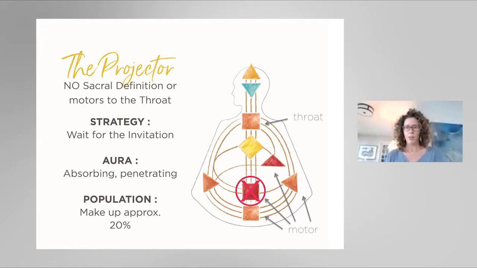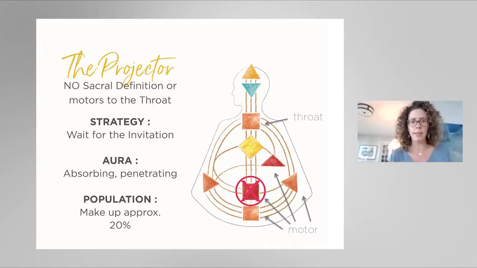So here we have the projector. What makes a projector is that they have an undefined sacral center. So you'll always see, if you're looking at a chart that's a projector chart, that they have this center here with the X over it, undefined. So it won't be colored in.